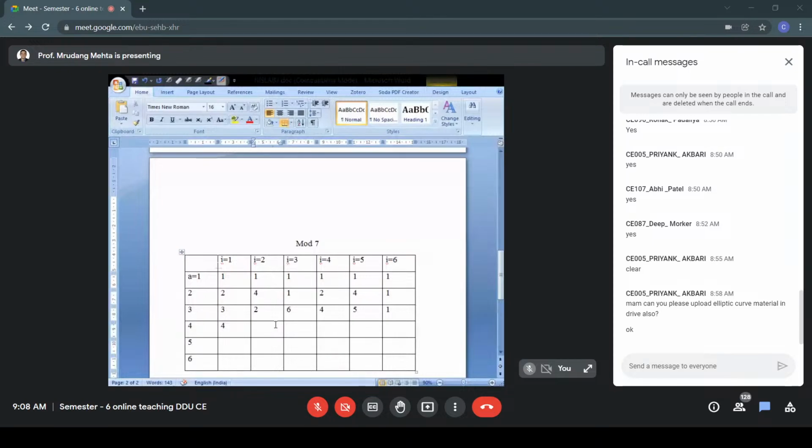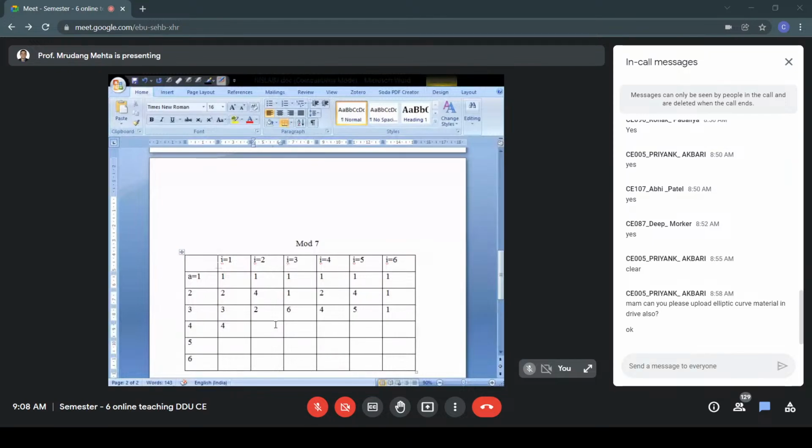Okay. So if you look at these two rows, we have generators or primitive roots. For 6, we will have 6 raised to 1 is 6, mod 7 is 6.